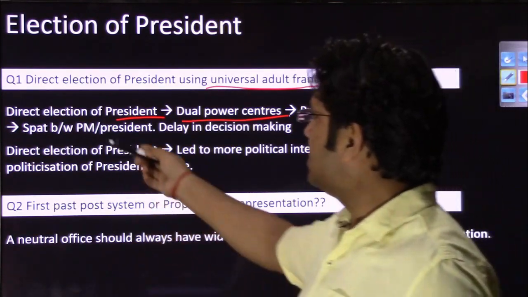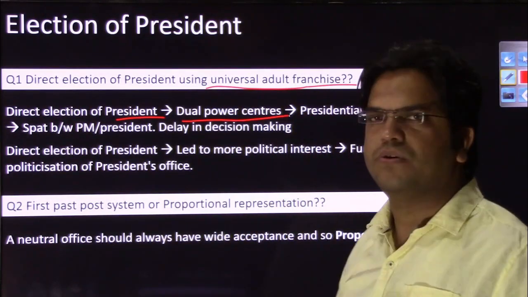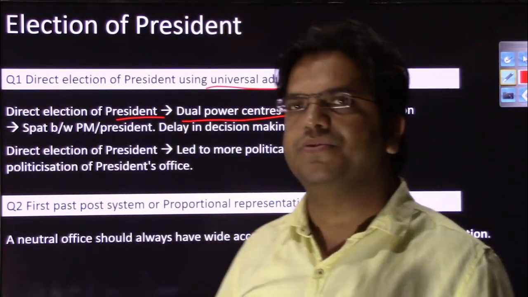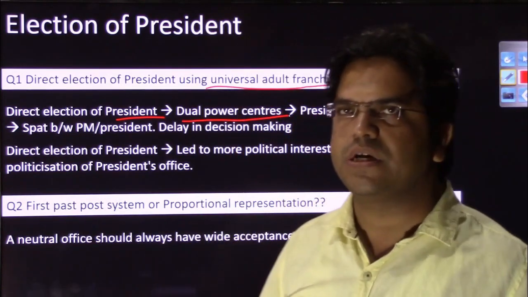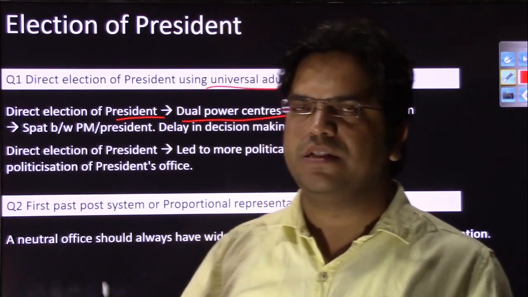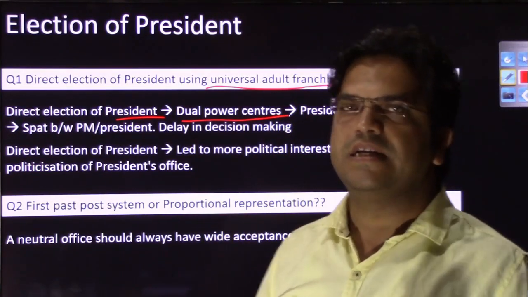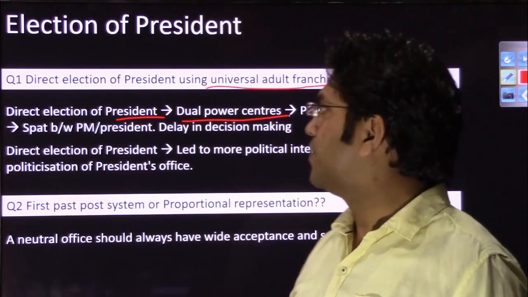Mind you, again I am saying we don't choose our Prime Minister. What we choose is MPs and MLAs, and those MPs ultimately decide who will be their leader, and their leader becomes Prime Minister.